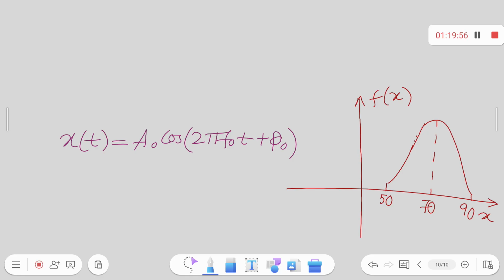Suppose sinusoidal signal. It is periodic in nature. It can be continuous, can be discrete. If it is sinusoidal, then you know it's an odd signal. If it's a cosinusoidal signal, it should be an even signal. So an odd signal can be periodic, an even signal can be periodic.